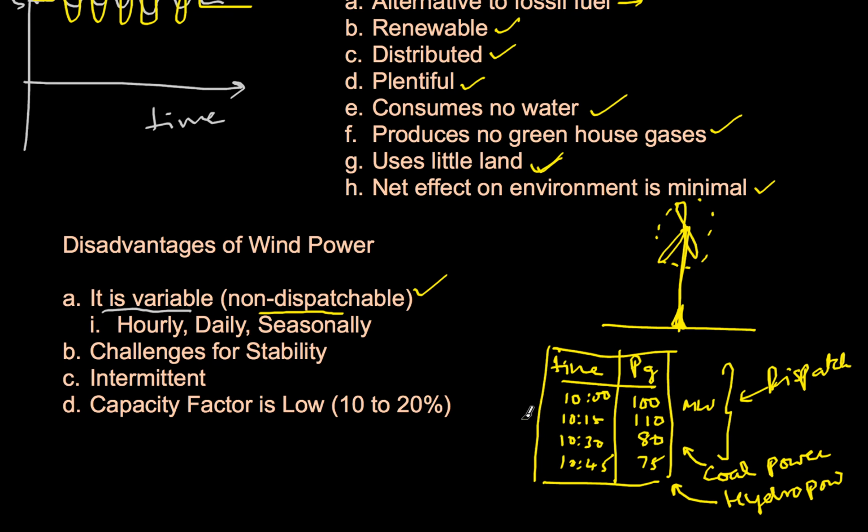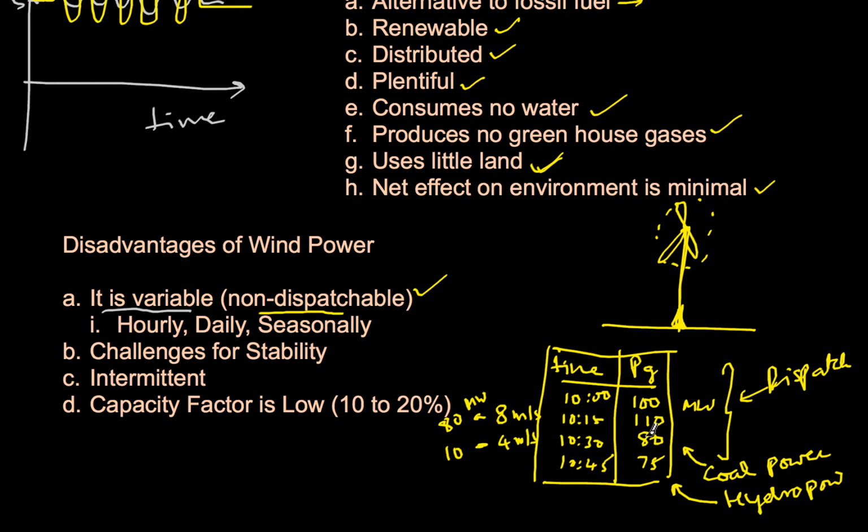So maybe wind velocity at 10:15 is 8 meters per second, so the power may be 80 megawatts, and wind velocity at 10:30 may fall to 4 meters per second. So wind has become half, so power will become one eighth because it's a power of cube, so it will become only 10 megawatt. So that way, huge variations can be expected in the power generation in the wind.